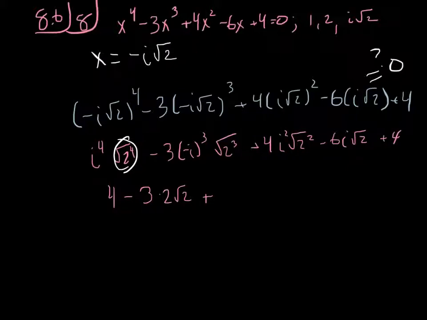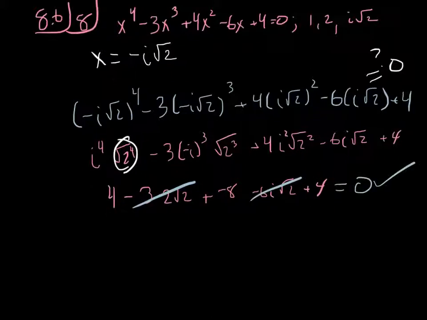Plus i squared times 4, so it's plus -4 times 2, that should be minus 8, minus 6i root 2 plus 4. Nice to know that is the opposite of that, so those cancel. And then negative 8 is 4 and 4, so those cancel, so it does equal 0, and it checks out.